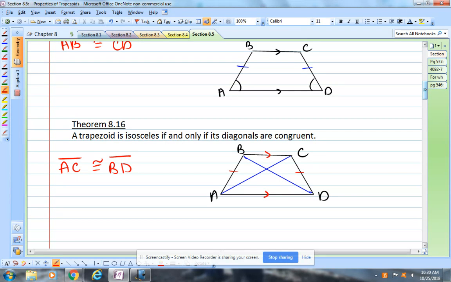That "if and only if" means that statement and its converse are true. If we have an isosceles trapezoid, then the diagonals are congruent. If we have a quadrilateral with congruent diagonals, then it's an isosceles trapezoid.